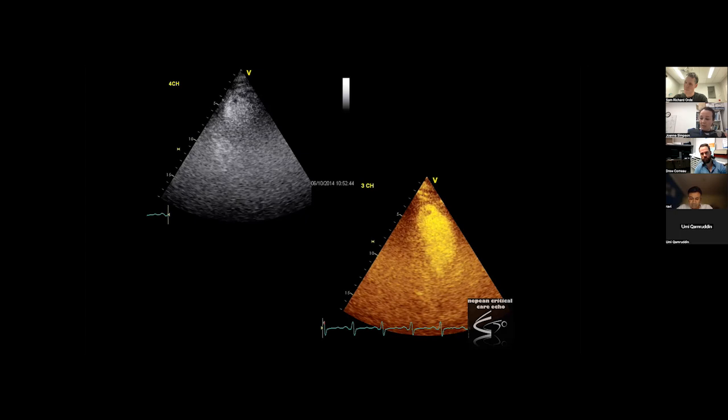The aortic valve is thin with central coaptation and doesn't show any signs of aortic stenosis. The tricuspid valve and pulmonary valve weren't shown here.